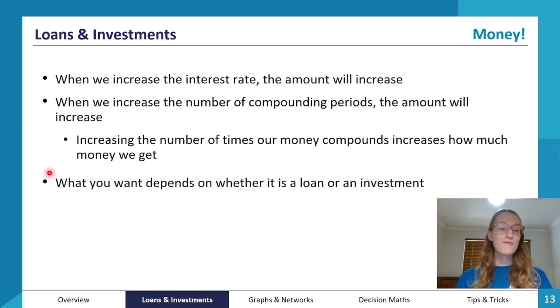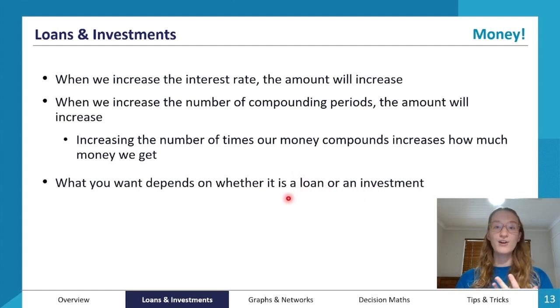And this is what I said before, and this is a very, very important thing to take note of, and something that's going to be really important in a lot of the questions that you get asked. Whether you want a higher or lower interest rate, or whether you want more or fewer compounds per year, depends entirely on whether it's a loan or an investment.